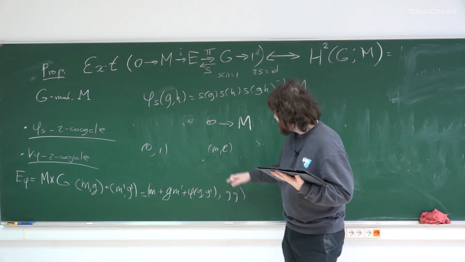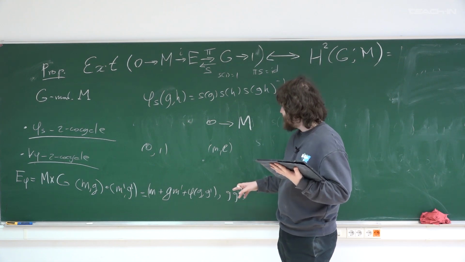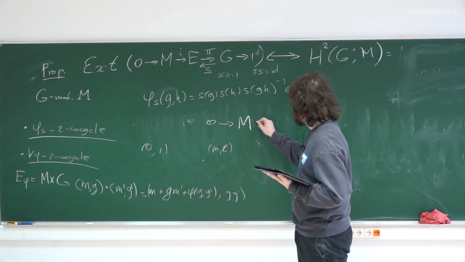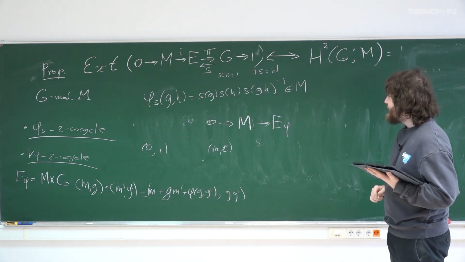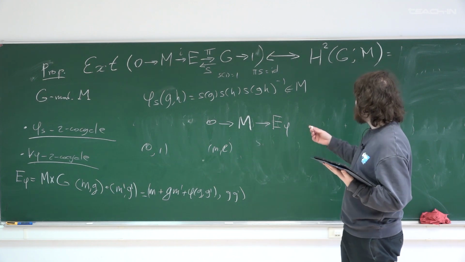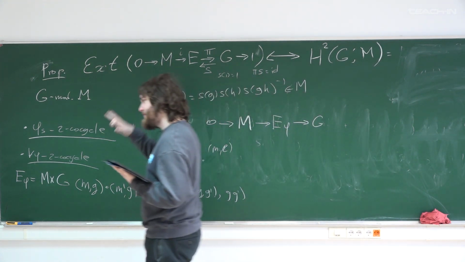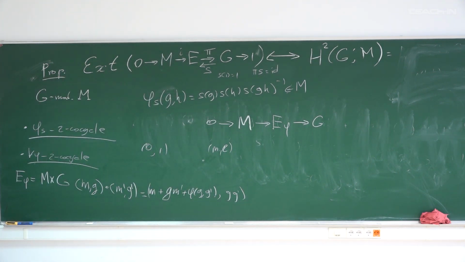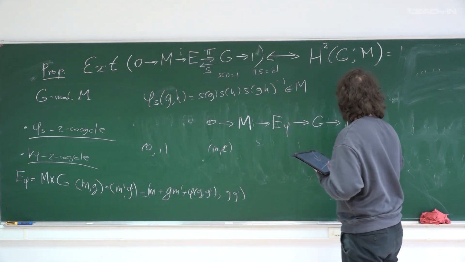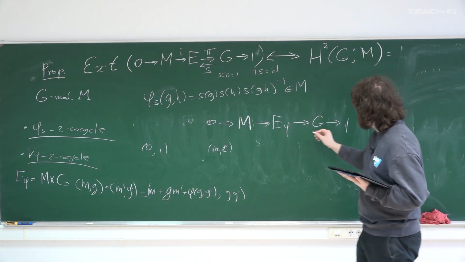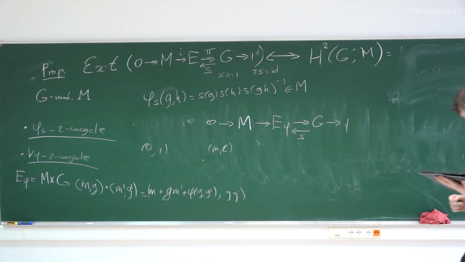It is isomorphic to M, via the inclusion. On the other side, we have projection to G, to the second coordinate, and the kernel is exactly this subgroup M. So we have an extension. And in fact, we have a more or less natural section here.